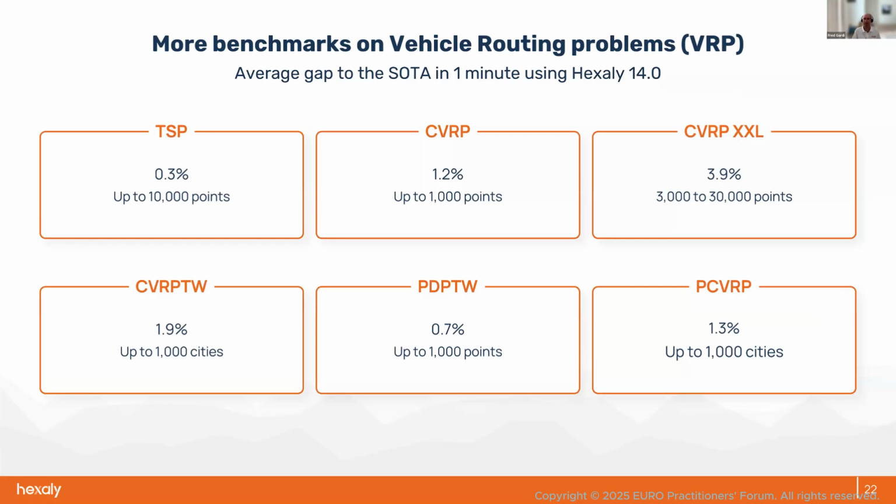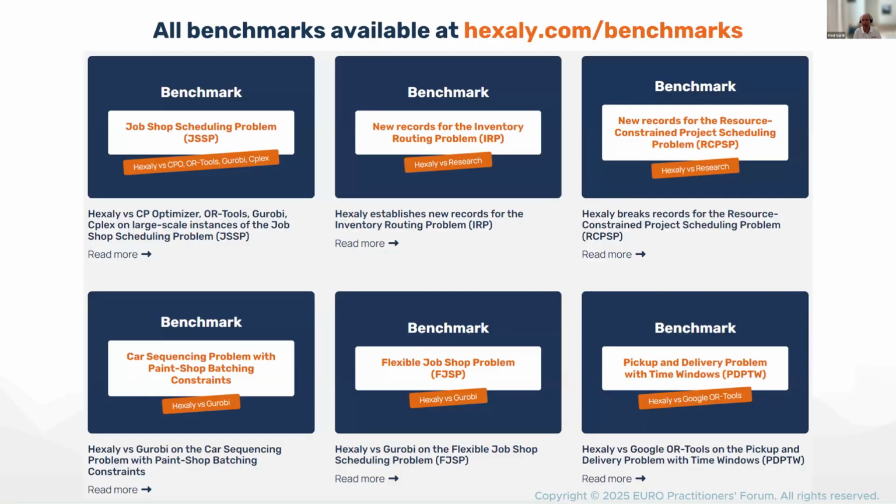But more than routing, scheduling is the same: scheduling in discrete manufacturing, scheduling in process industry, project scheduling, but also packing, clustering, matching, assignment, all these problems. We have a lot of benchmarks at hexaly.com/benchmarks, very factual. You can check that, and it shows where Hexaly makes a huge difference.